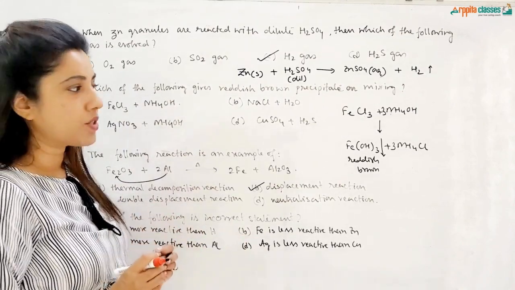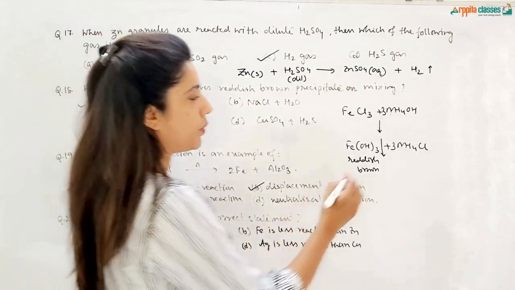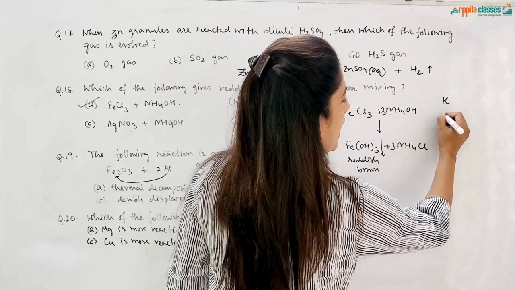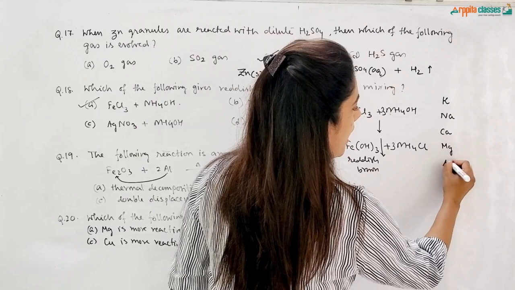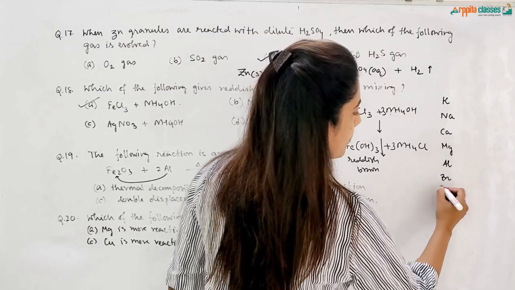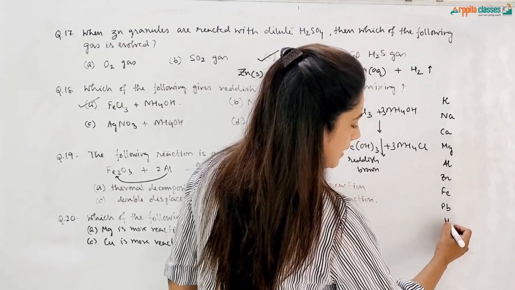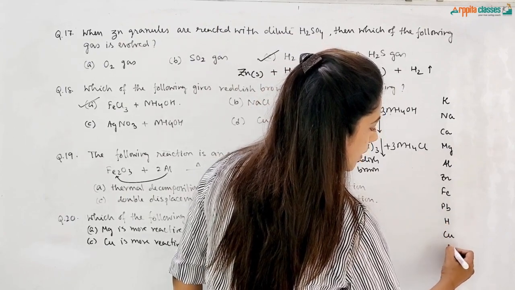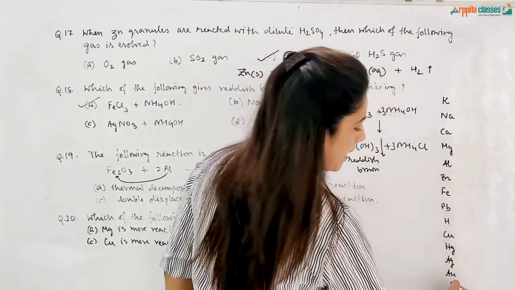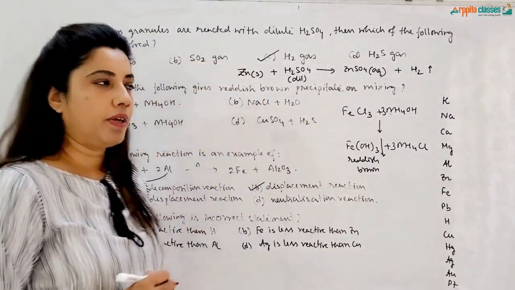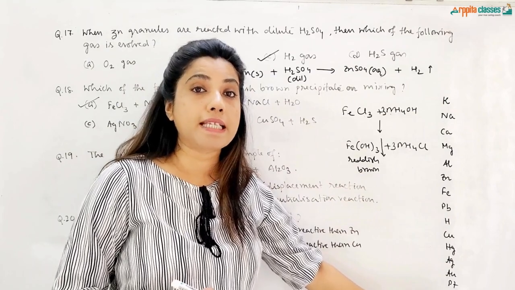To answer this, we need to know the electrochemical series or metal activity series, which is potassium, sodium, calcium, magnesium, aluminium, zinc, iron, Pb, hydrogen, and then copper, mercury, silver, gold, and platinum. We know that here the metals are arranged according to their decreasing reactivity.